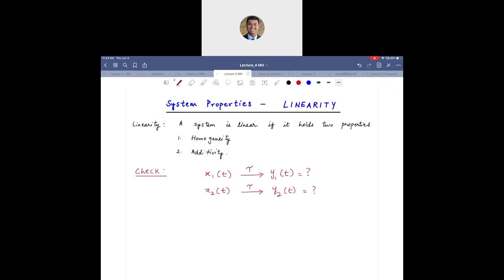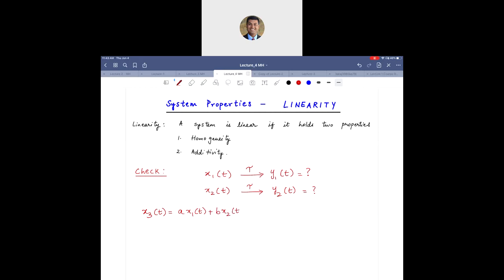Then I define a new signal, x3 of t, which is some scalar a multiplied by x1 of t, that is taking care of the homogeneous property, plus b x2 of t.